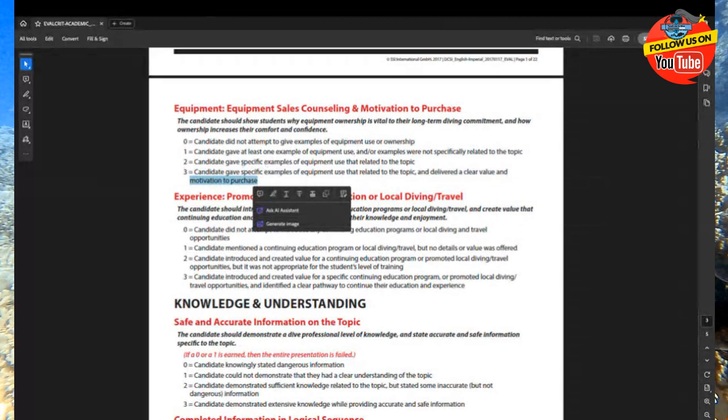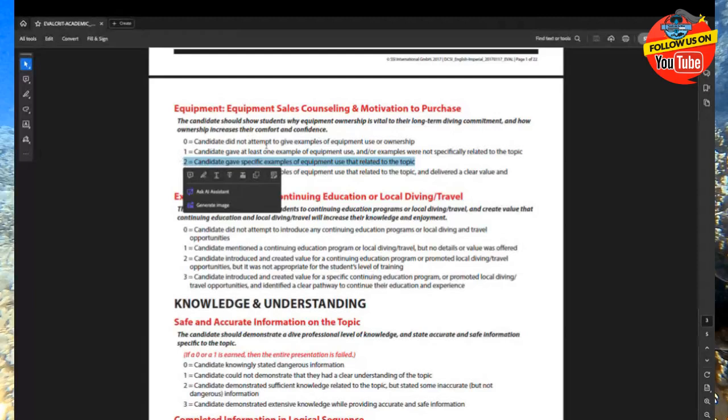So to earn a 2 in that, it would have to be candidate gave specific examples of equipment use that didn't relate to the topic. We're talking about breathing. We're talking about an AGE. We're talking about things like that. Breathing things. So these are specific to the candidate. So this is a good example. As long as you give good examples and related and a clear motivation to purchase, you got it.